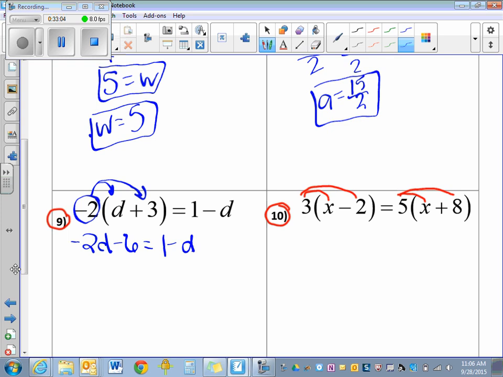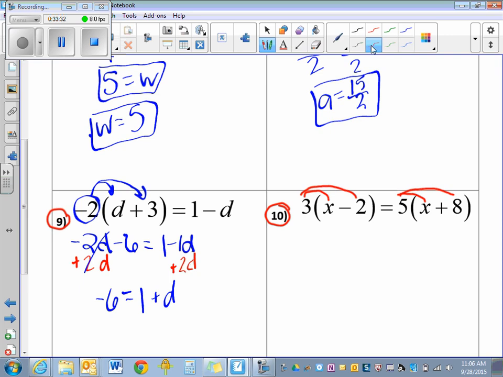Again, I want to move my terms to the same side. I'm going to add my 2d because that's going to give me a positive d. Okay. So negative 2d plus 2d, those cancel. So I have negative 6. So I have 1. Negative 1d plus 2d is actually just 1d or plus d.